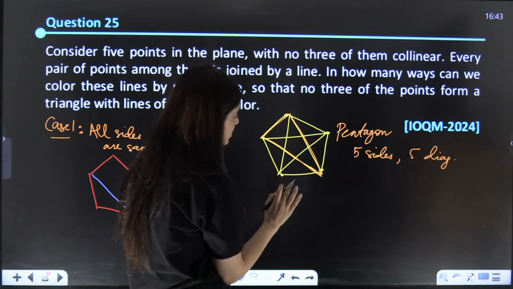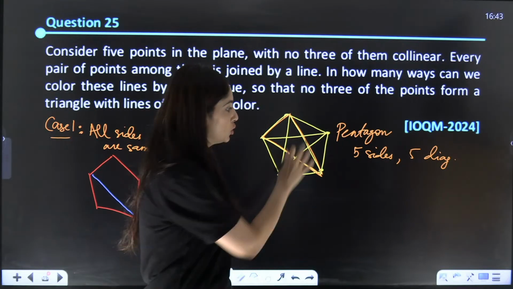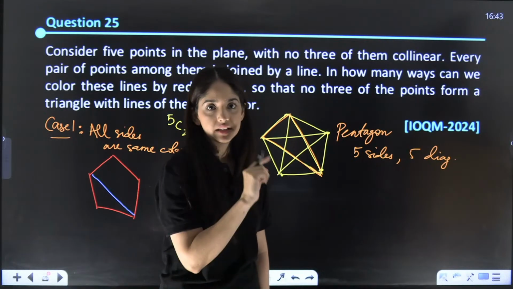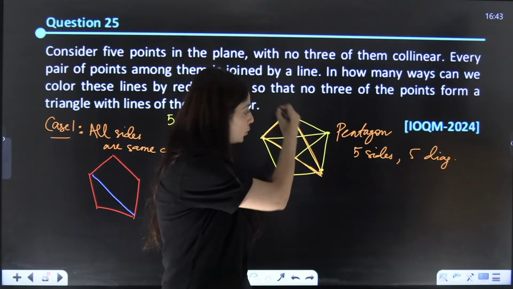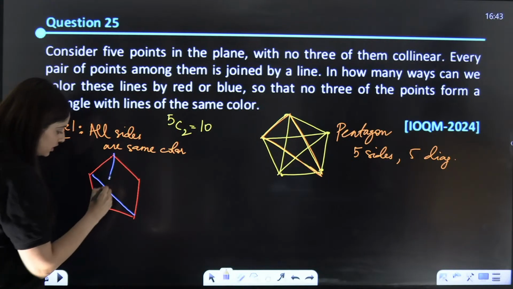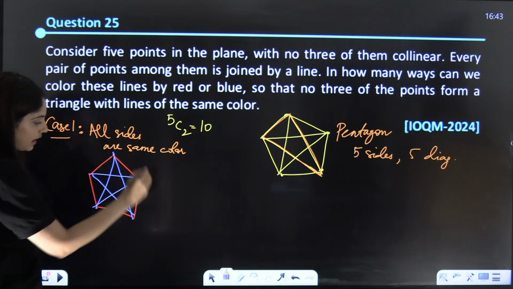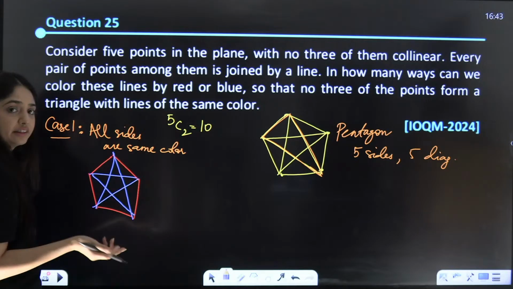Now we have colored 2 adjacent sides the same color, red in this case, it can also be blue, but the third one cannot be that same color. So it has to be the other color. So once we fix the color of the 5 sides, the 5 diagonals will have the other color.